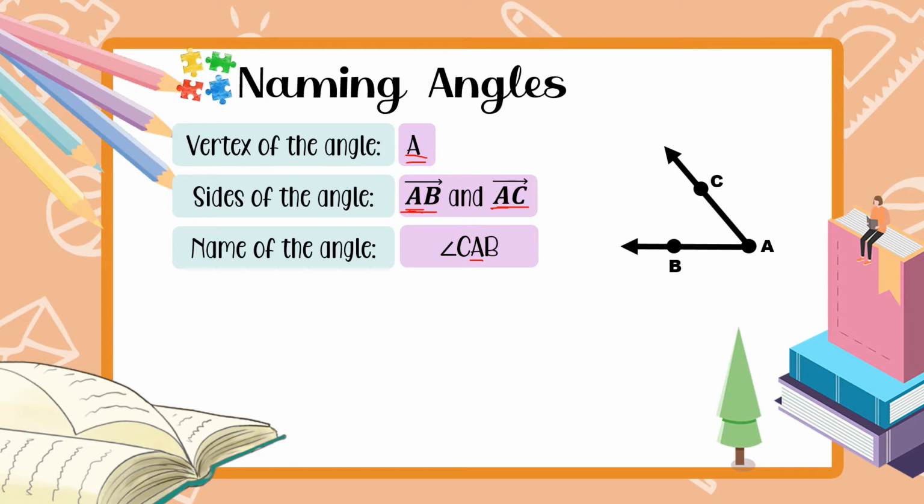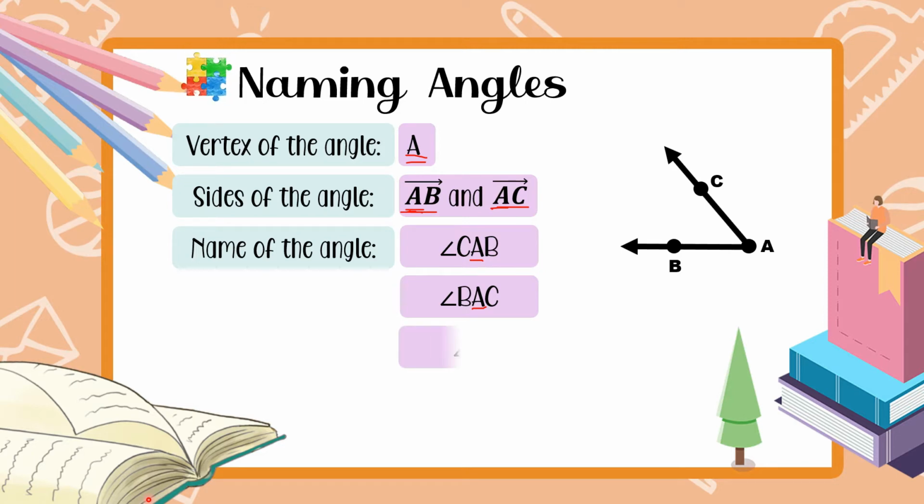Pwede rin naman natin pangalanan siya na angle BAC. As you can see, nasa gitna pa rin yung ating vertex. Pareho lang. So, it's either CAB o kaya naman BAC, as long as nasa gitna yung ating vertex na A. Now, there is another name for this angle.